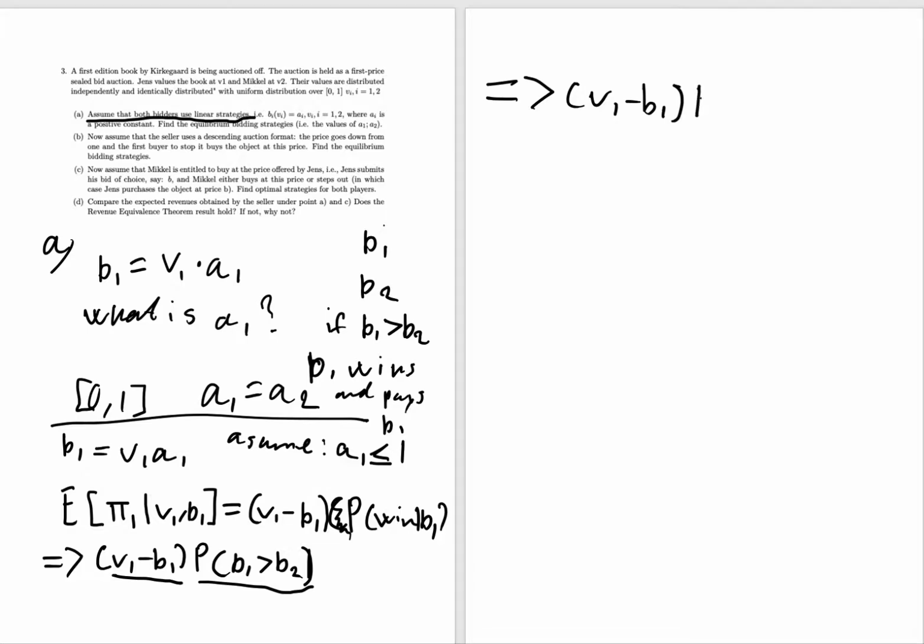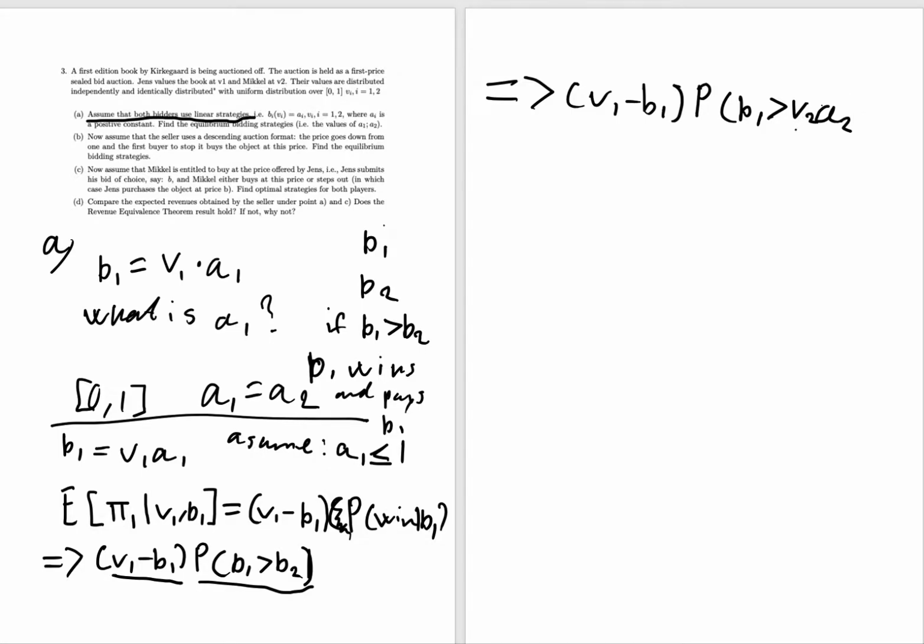So I'm just going to say this is the chance that bid 1 is bigger than the evaluation here for the opponent bidder, multiplied by his factor and his rate of bid shading.